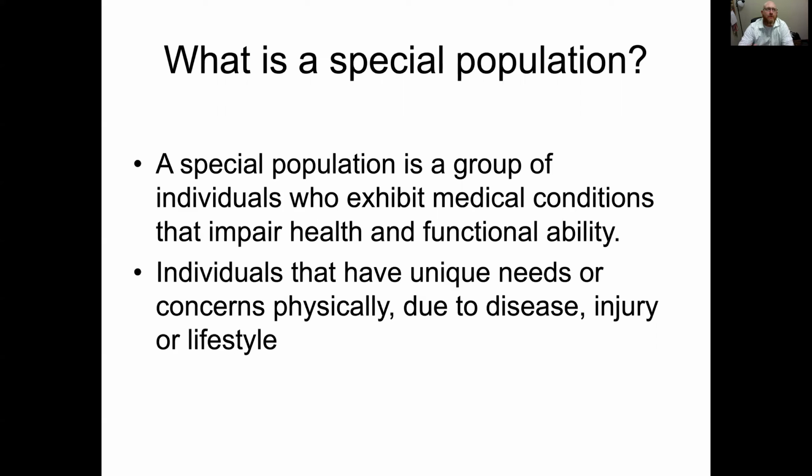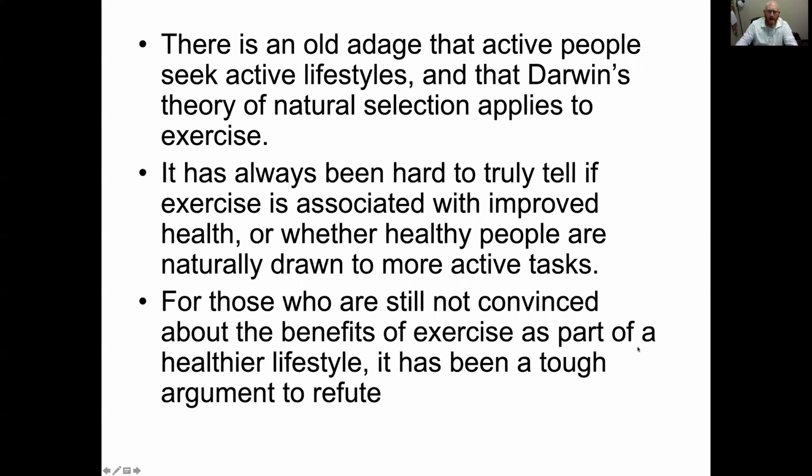This is in contrast to, let's say, again, youth or older adults, at the far ends of the spectrum. Those are special populations, whereas a middle-aged, good health male may not be in what you would consider a special population.